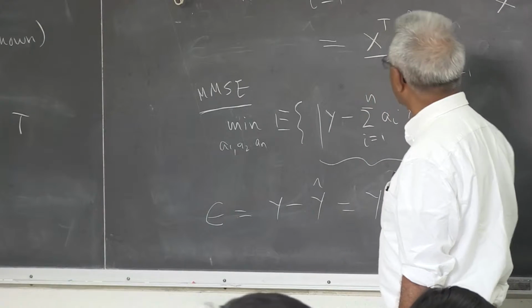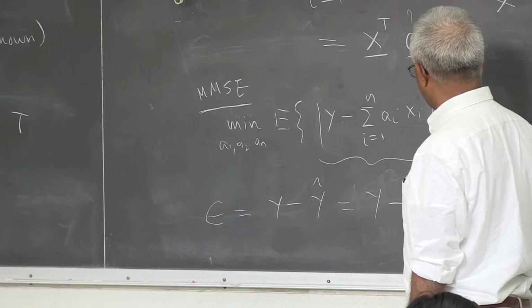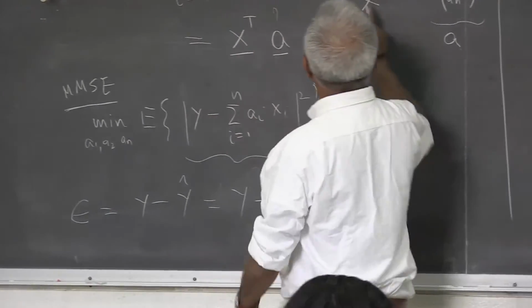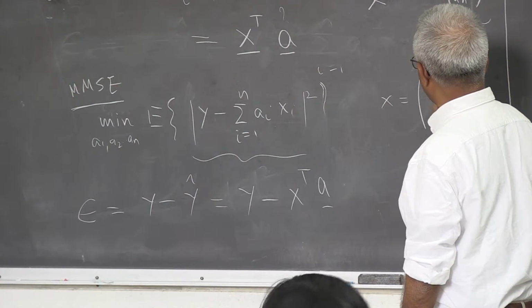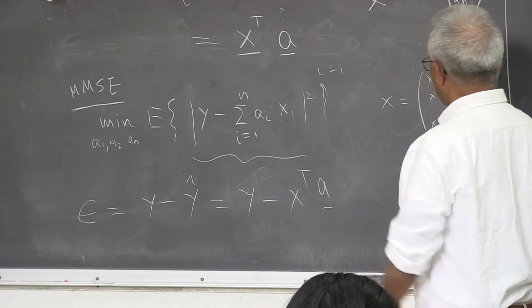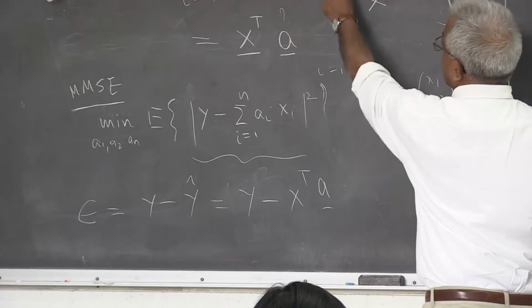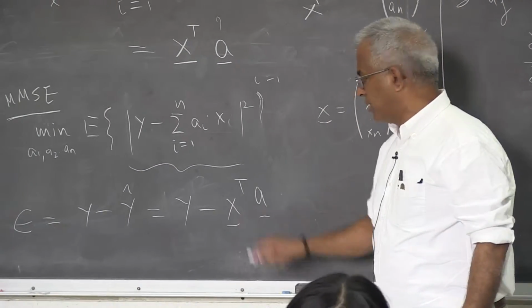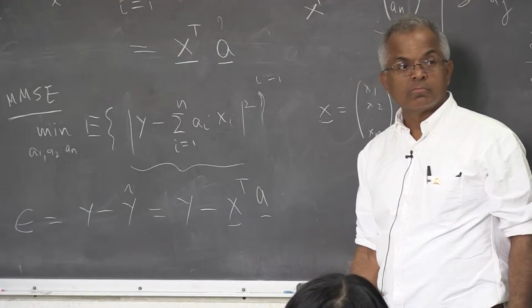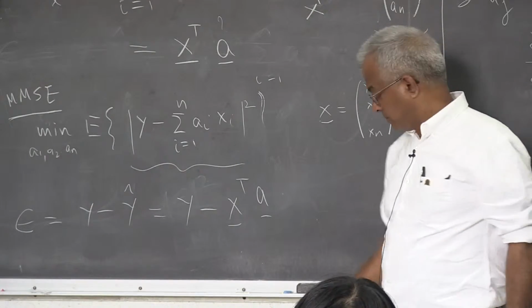So this is y minus x star A from here. So what is x? I'm assuming it to be like this: x1, x2, etc., xn. This is the data vector. Its transpose is this multiplied by. So all my vectors are column vectors.